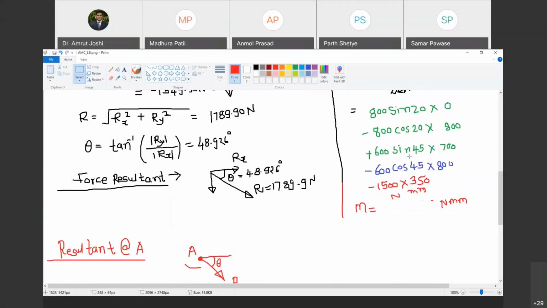So minus 800 cos 20 into 800, plus 600 sine 45 into 700, minus 600 cos 45 into 800, minus 1500 into 350.